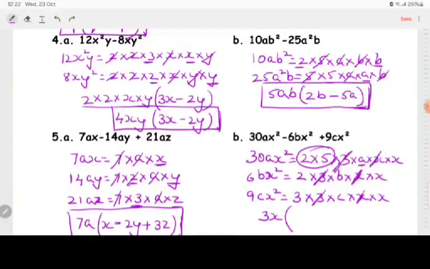I have an X, another X in common. So this becomes X square. So now what I'm left with inside the bracket is 2 5s are 10, A followed by a minus sign, 2B followed by a plus sign, and 3C.